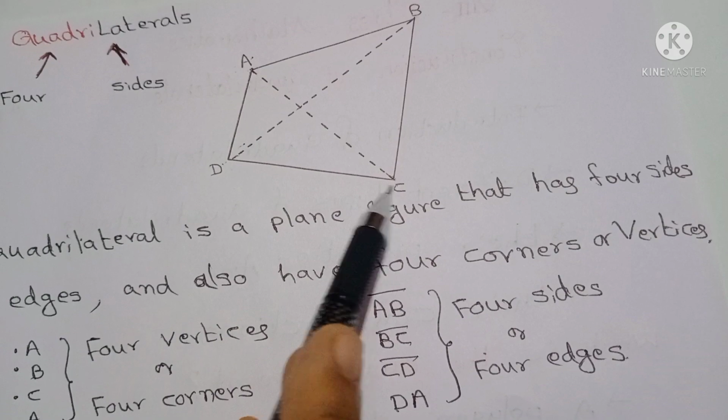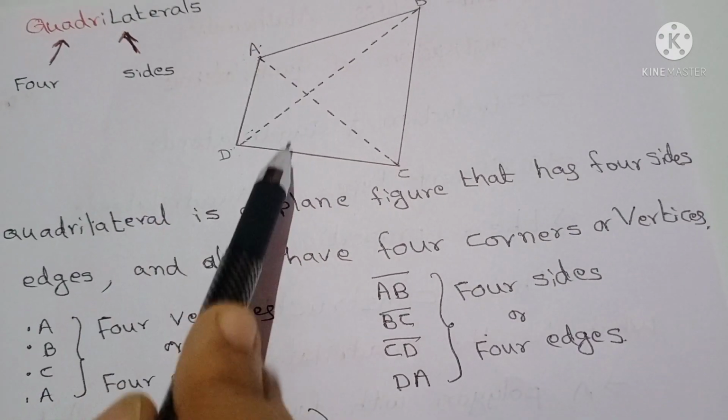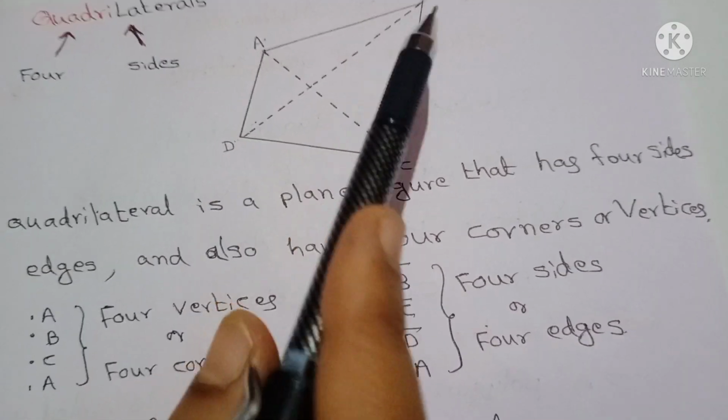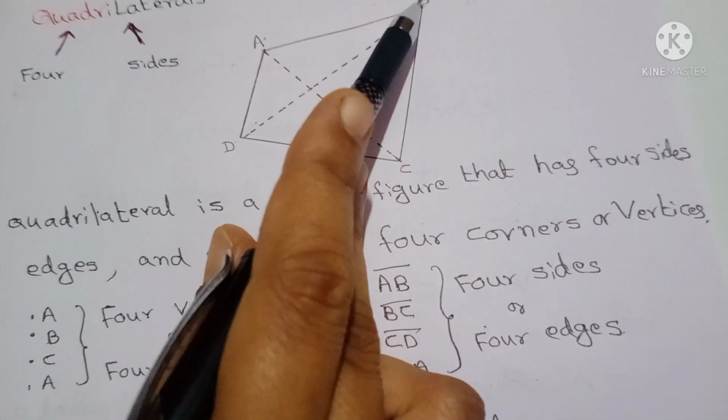AB, DC are opposite sides, a pair of opposite sides.